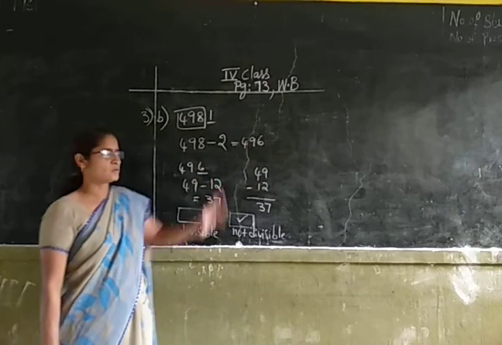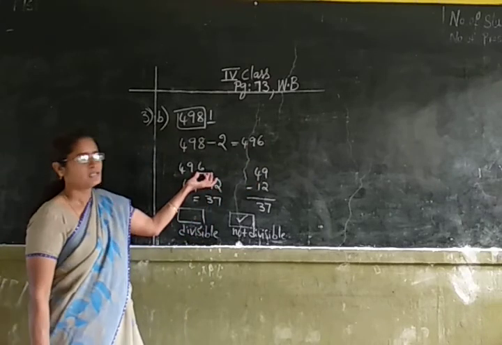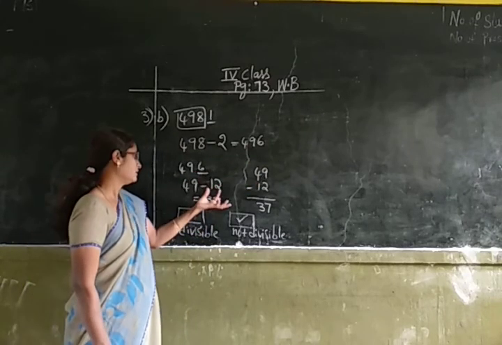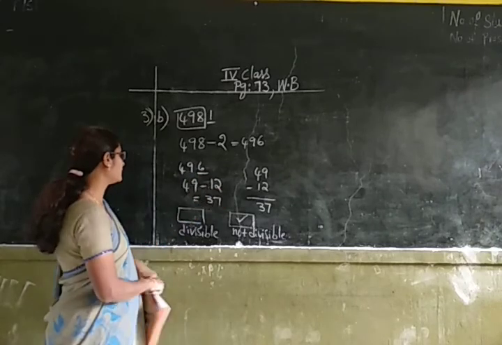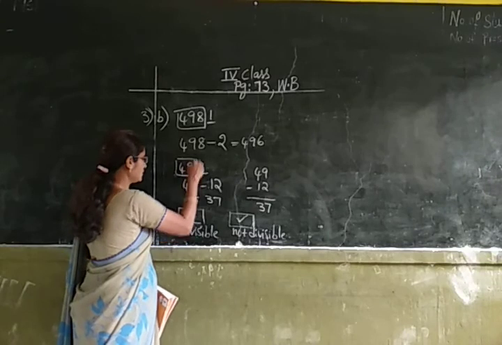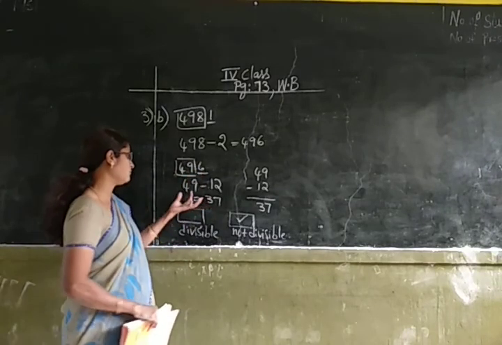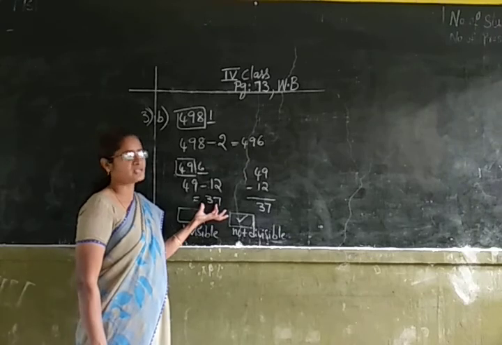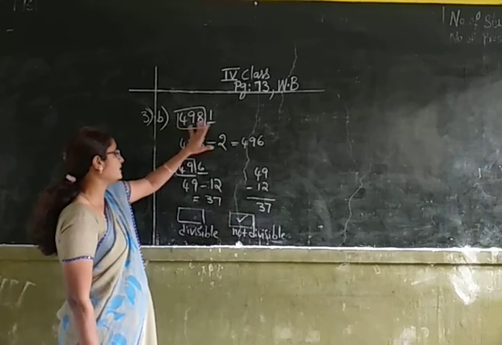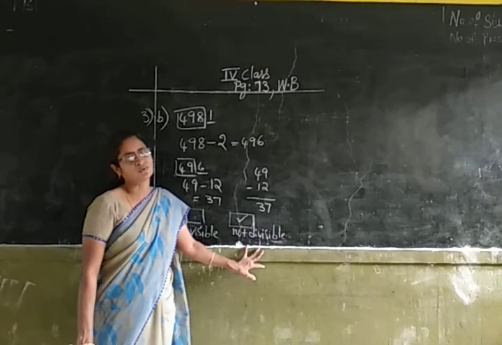So I am repeating the process. Again I have doubled the last digit of 496. So it will become 12 and I subtracted it from the remaining digits, which is 49. So I have subtracted 12 from 49. I got 37 and 37 is not divisible by 7. So 4981 is not divisible by 7.